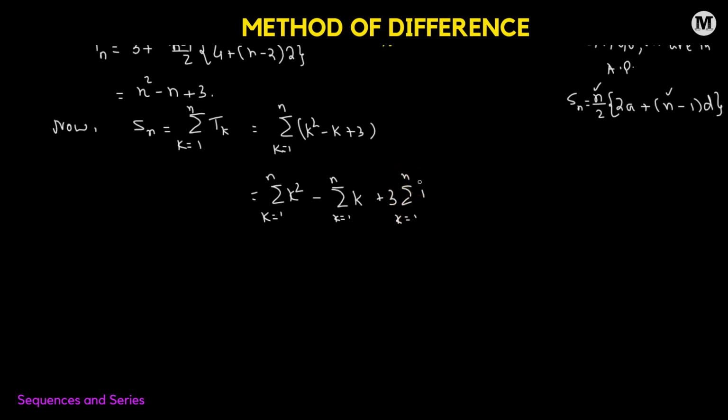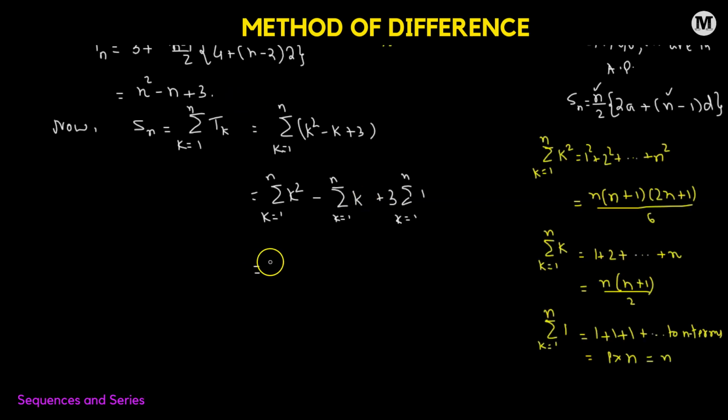Now we have a standard formula for finding each of the 3 summations. Starting with summation k squared, that is the sum of the squares of the first n natural numbers. The second one is the sum of the first n natural numbers.